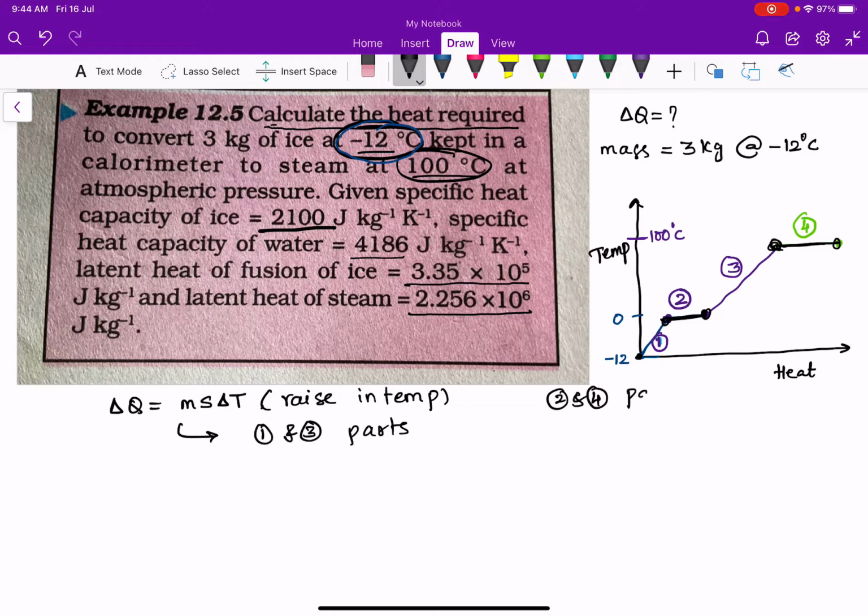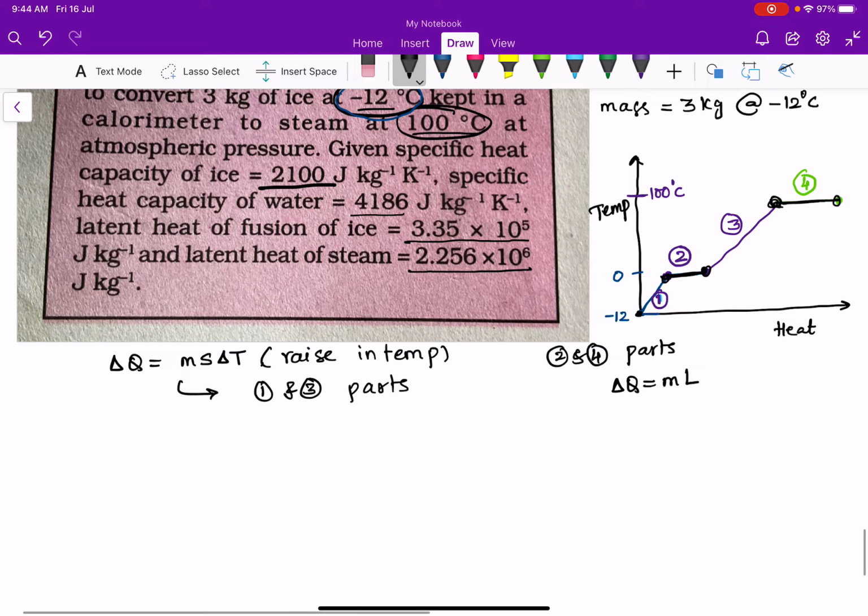So in the second and fourth parts, we use the latent heat formula. As per this, the amount of heat energy required is equal to M into L, where M is the amount of substance and L is the latent heat of the respective change of state.